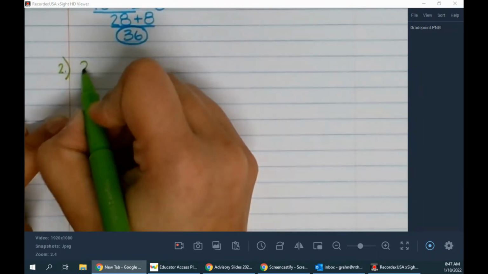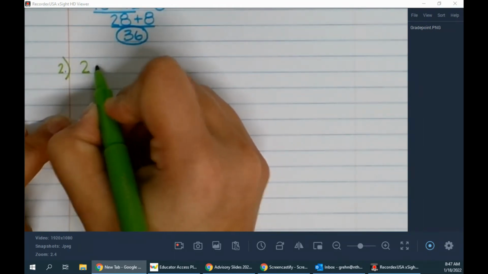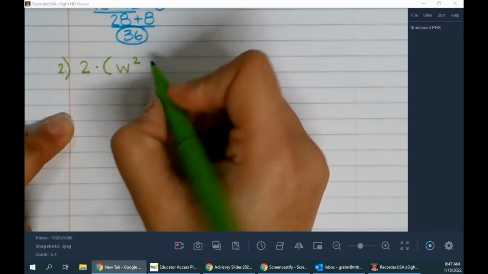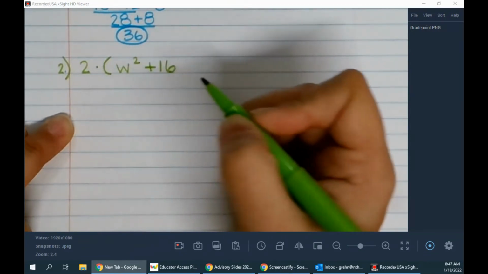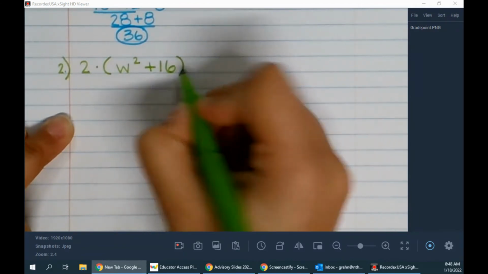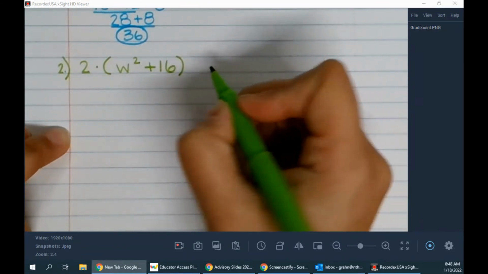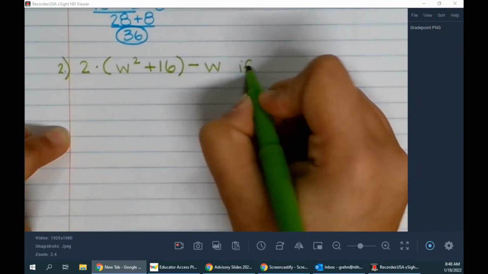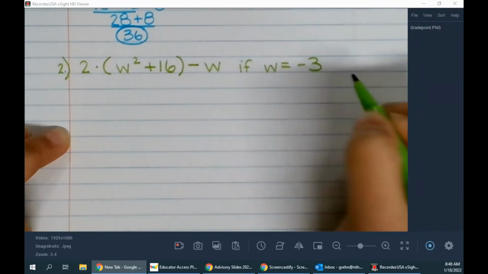Let's look at another algebraic expression. For this one, we have 2 times the quantity w squared plus 16, closed quantity, minus w, and that's if w equals negative 3.